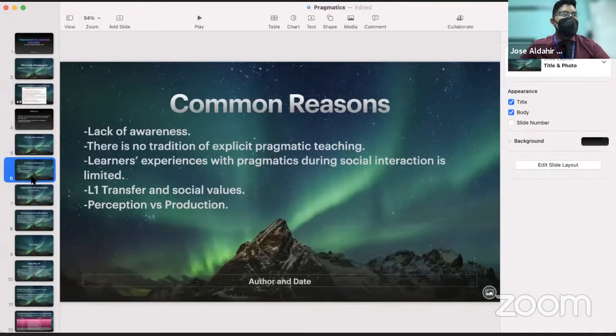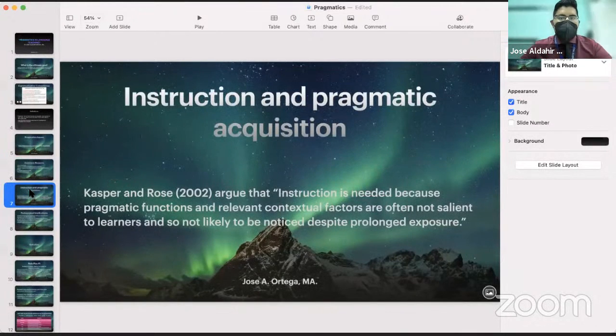Sometimes for students, it might be easier to transfer some pragmatic norms that are equal to the ones in the target language. However, in some cultures, such as in Asia, those differences in pragmatic norms between the first language and the second language might cause difficulties, right?